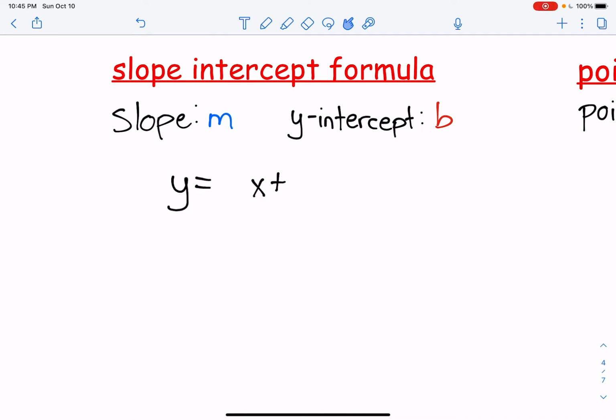So y equals m, that's my slope, x plus b, my y-intercept. So y equals mx plus b is my slope-intercept form. Whatever I'm given for m, I plug in for the m. Whatever I'm given for the y-intercept, b, I plug in for b.